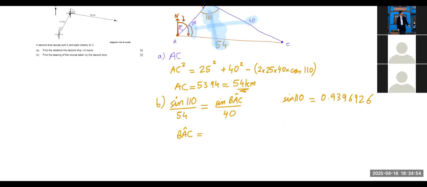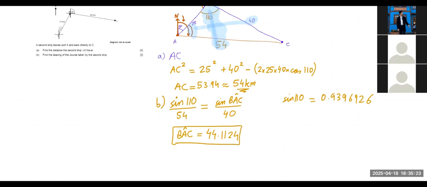But I got 44.1789. You should have gotten 40 sine 110 divided by 54, and then sine inverse of that should be 44.1124. That's what you should have gotten.